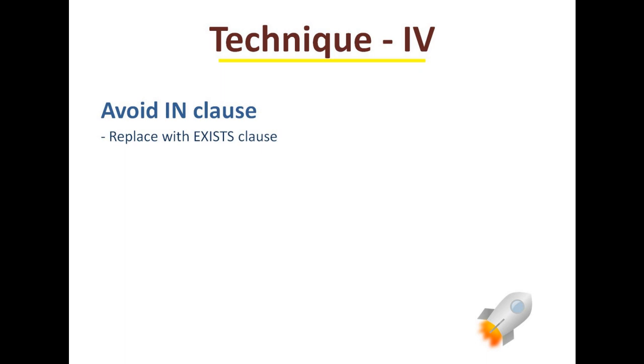The reason is that it slows down the query drastically. So what is the solution for that? In that case, we can use the EXISTS clause. Why? Because it's far better in terms of performance. So whenever you want to make the query better in performance, always try to replace the IN clause with the EXISTS clause.